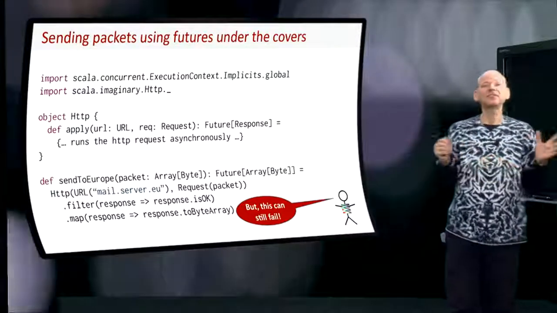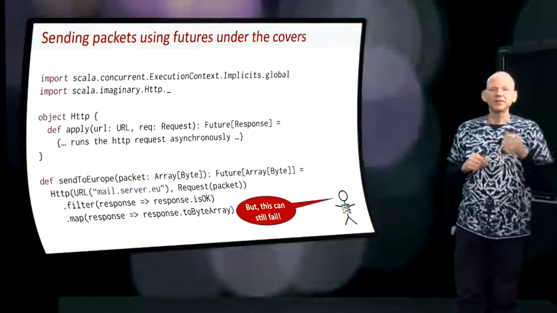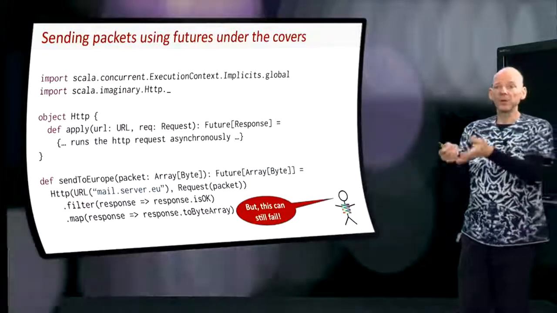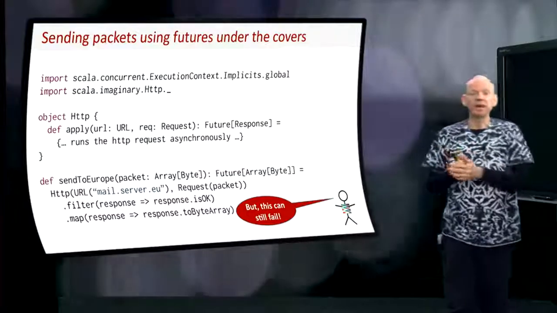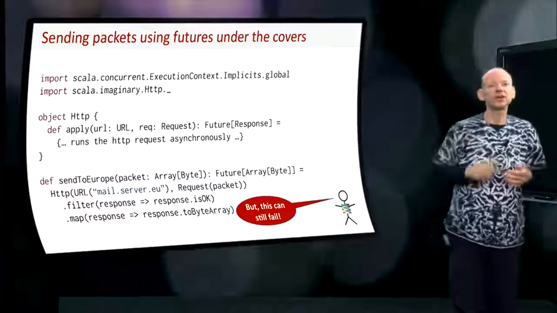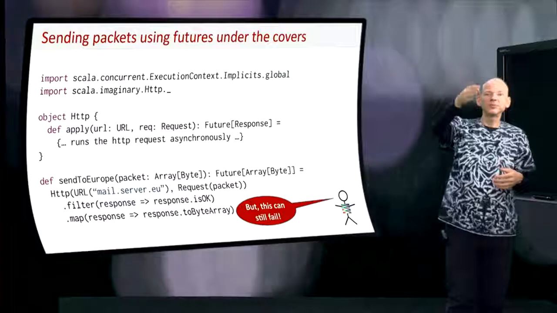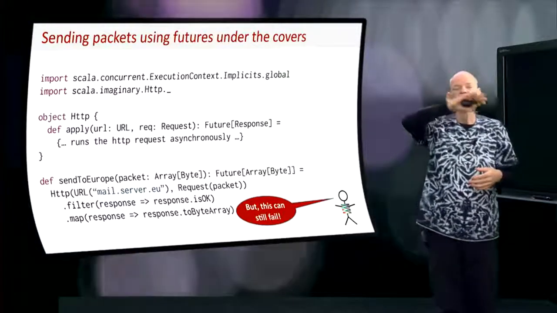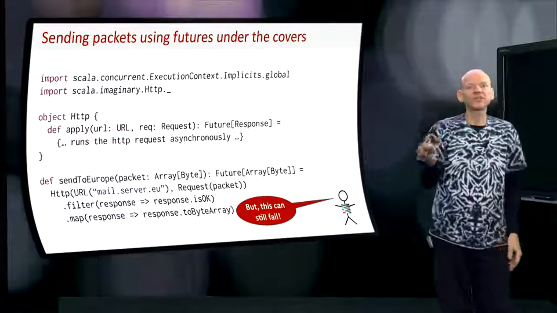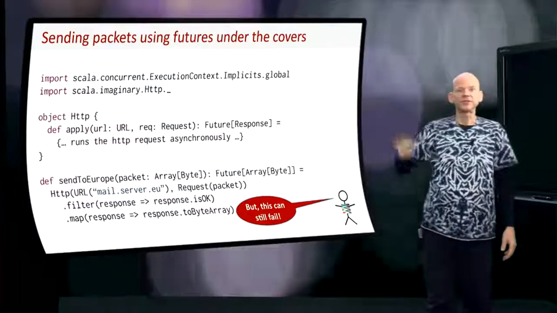Imagine that we have an imaginary HTTP library that has a constructor that, given a URL and a request, will return a response. Now, an HTTP library is probably going to make a call across the network, so the result of calling apply on HTTP will be a future of a response. And it runs an HTTP request asynchronously. We don't care. As long as given a URL and a request, we now get a future of a response.